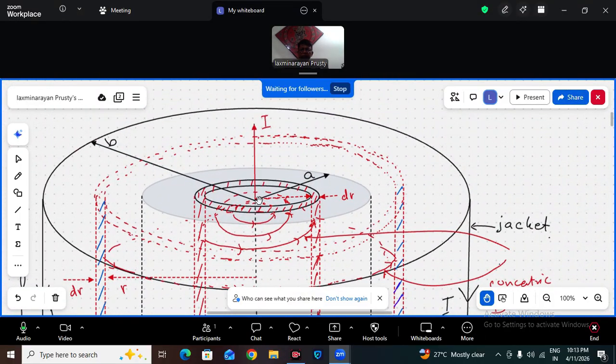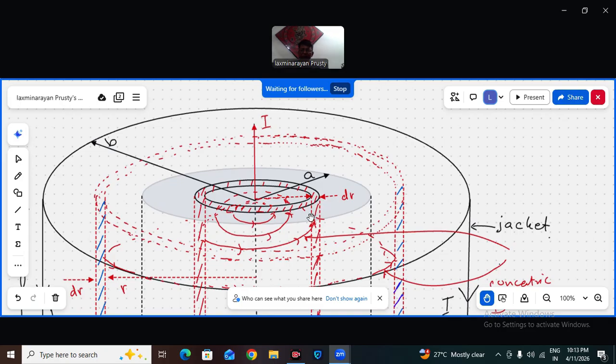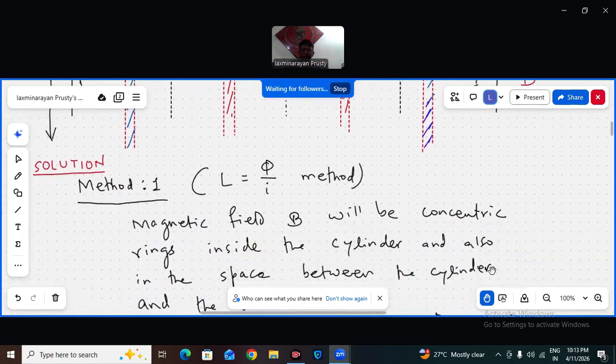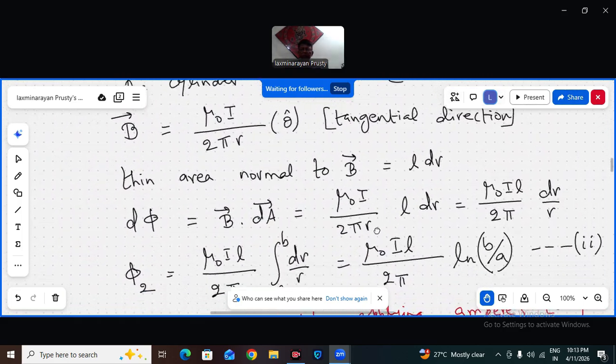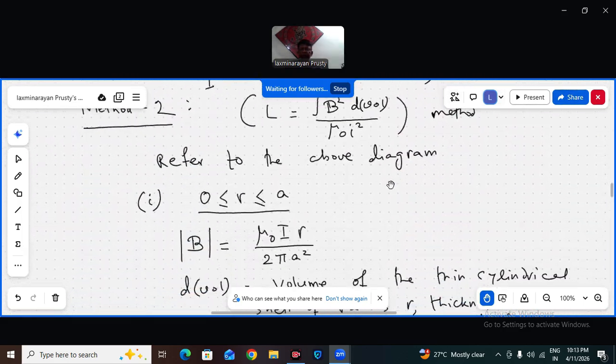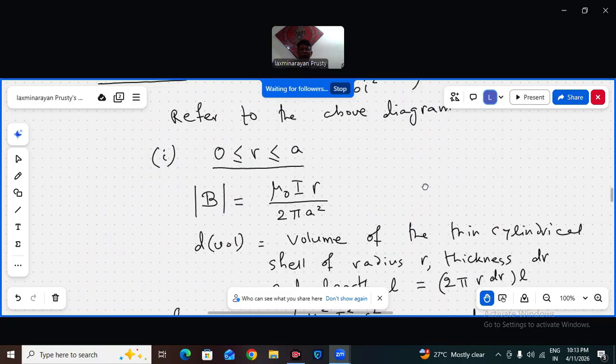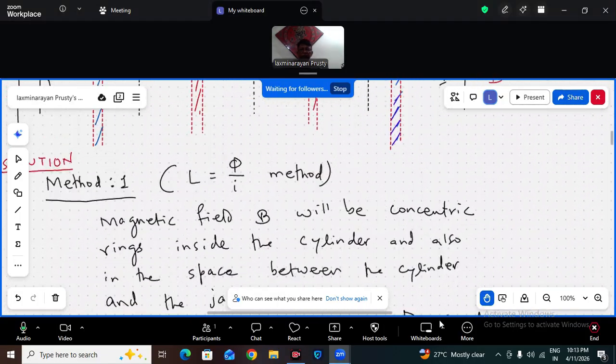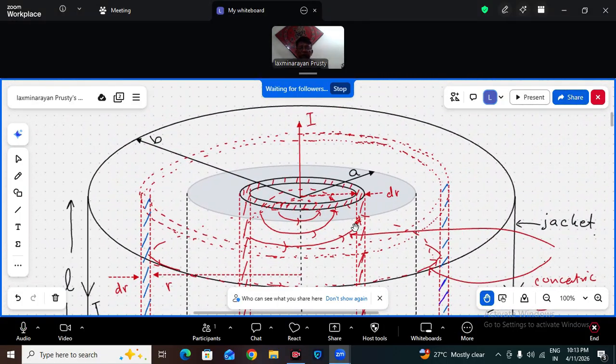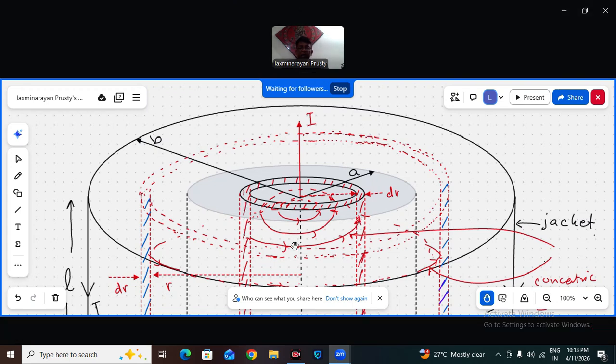B between 0 to A, you already know, is mu naught capital I small r divided by 2 pi A square. Okay. What is d volume? Look at this diagram closely, this B is passing through the thin cylindrical cell.